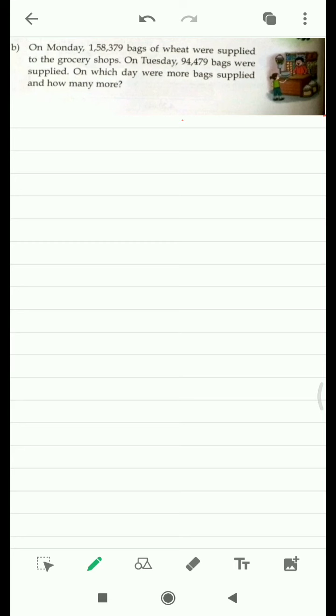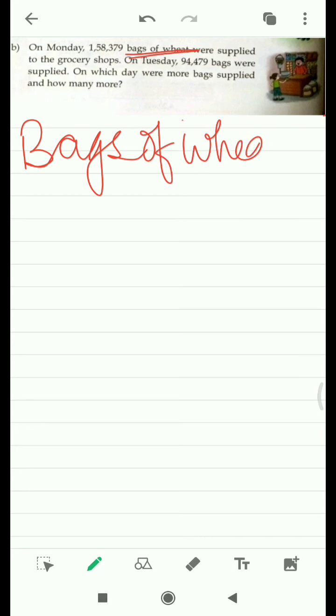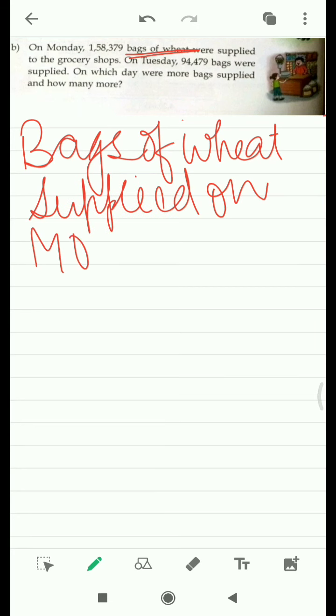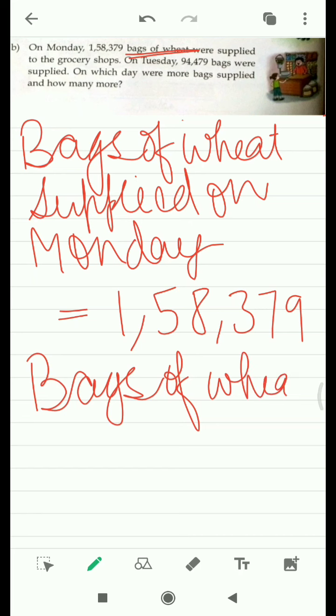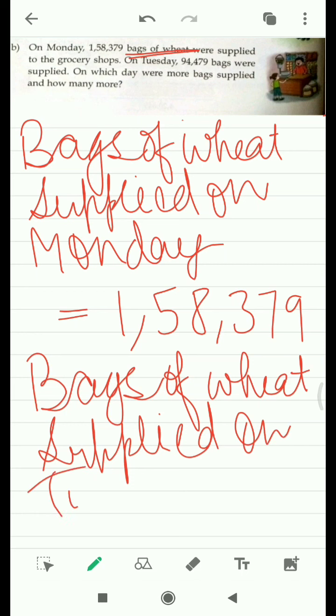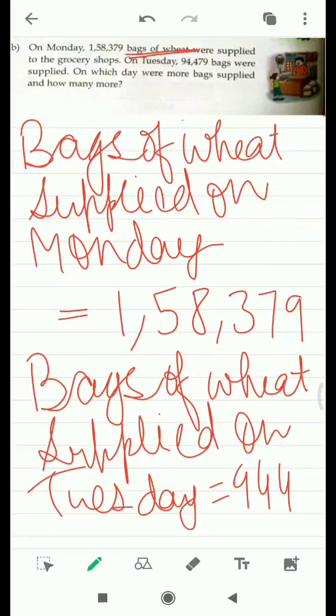Our first sentence is about bags. So, bags of wheat supplied on Monday is equal to 1,58,379. Bags of wheat supplied on Tuesday is 94,479.